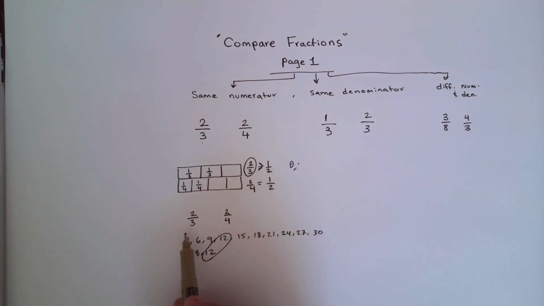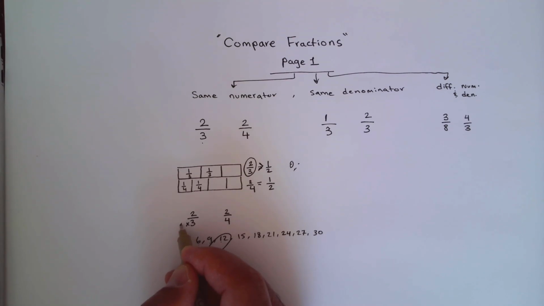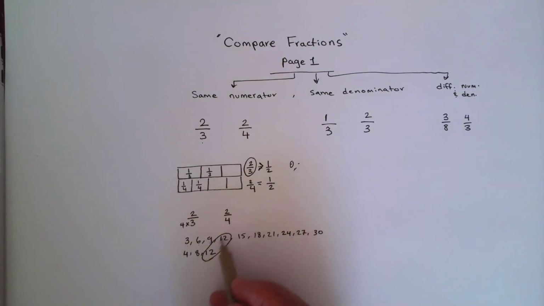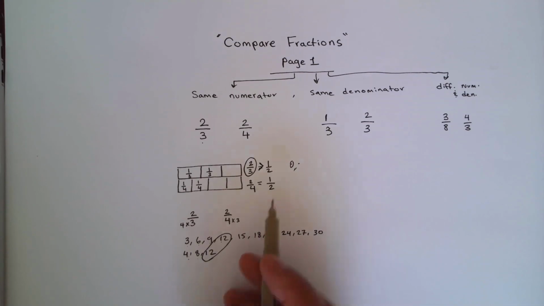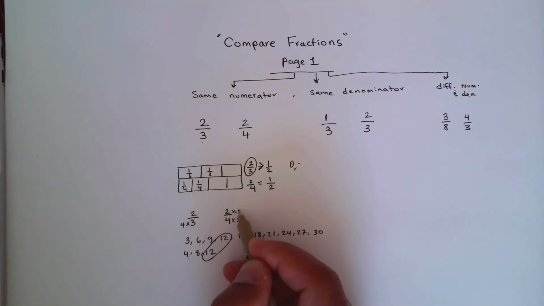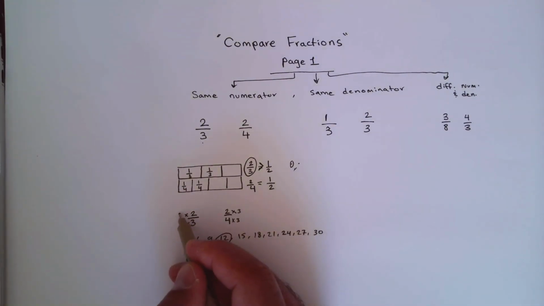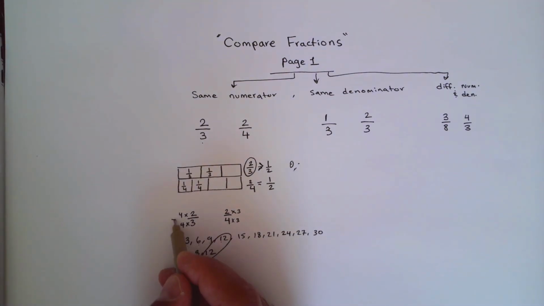So 3 would need 1, 2, 3, 4 to become a 12, and 4 would need 1, 2, 3 to become 12. Now I'm trying to rewrite 2/3 and 2/4 as equivalent fractions, just changing the partitioning but not changing the amount.